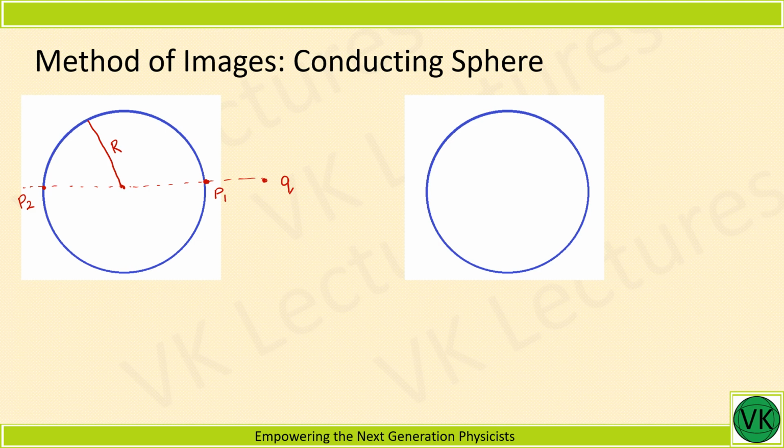Alright, now the imaginary charge will be within the sphere. So let's see where the image charge will be. This is capital R, which is the radius. So the image charge, q dash, will be somewhere here, and you have q somewhere here, and we need the distance.